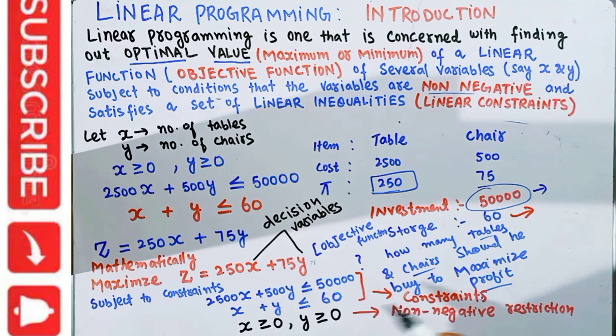The conditions x and y greater than or equal to 0 are simply the non-negative restrictions. So the dealer wants to maximize this objective function subject to the constraints he faces, the investment constraint and the storage constraint. So how do we solve this problem? We will see it in the next video.